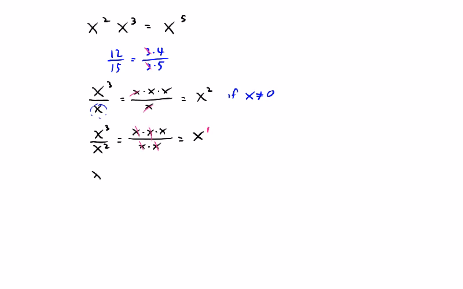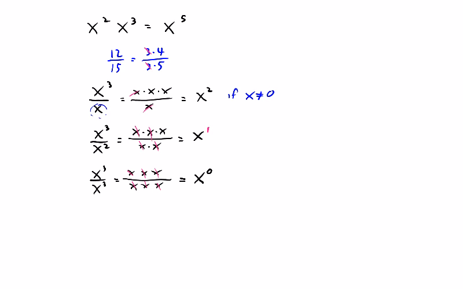Continuing onward, what if we had x cubed divided by x cubed? Now this gets a little trickier. The 3 factors of x in the numerator could be divided by 3 factors of x in the denominator, so each one could be canceled out. Now what we'd like to do mathematically is say that we are left with 0 factors of x.